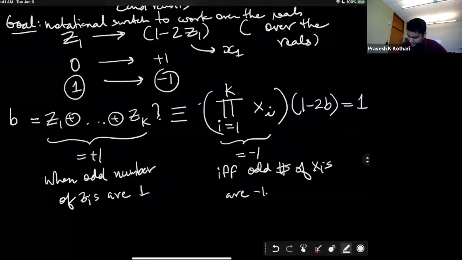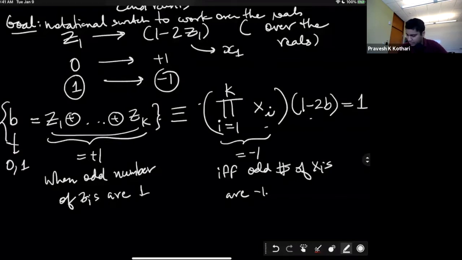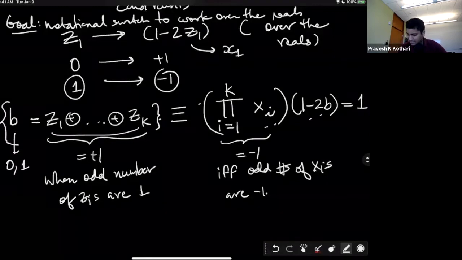The right hand side b is either 0 or 1, and if I go to the reals, I make the transformation 1 minus 2b. I'm checking equality of these two expressions. If they're equal, then both will be either +1 or -1, and their product would be 1. So basically I have transformed this k-sparse linear equation over F2 into a degree k polynomial, in fact just a monomial equation over the reals.